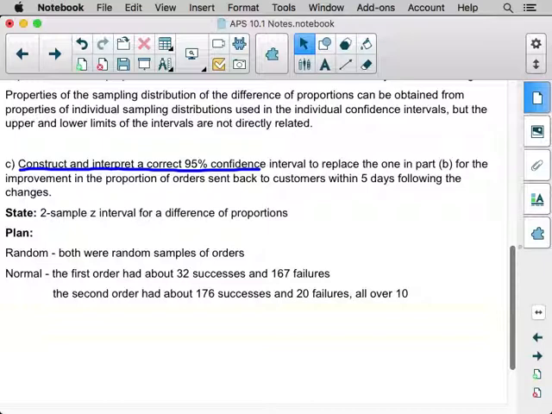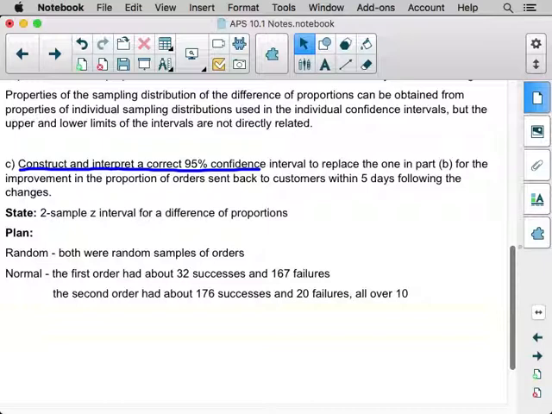Yeah, so here, this first one we calculated, we had 199 in our sample. 199 in the sample times the 0.16. That's where the 32 comes from. Those are just using the proportion of successes that we knew along with the sample sizes. Successes would be sample size times the sample proportion, failures would be the rest.